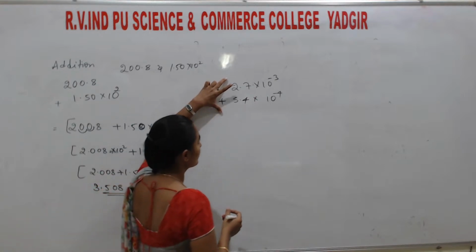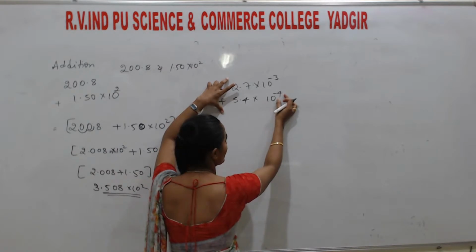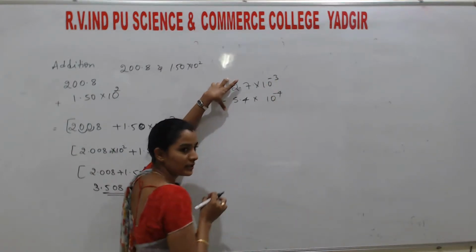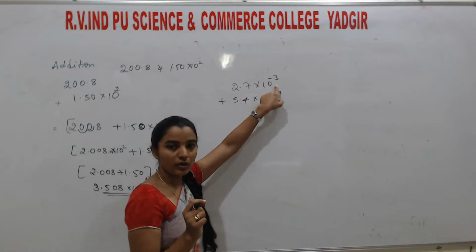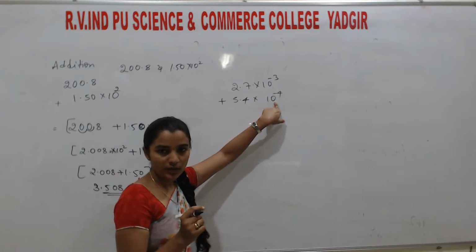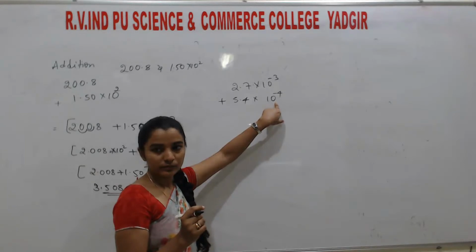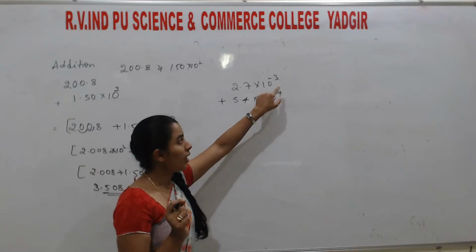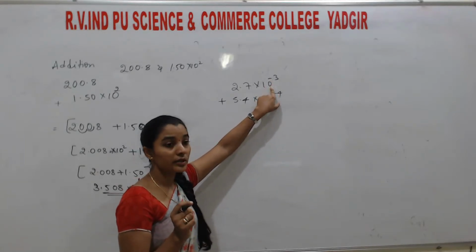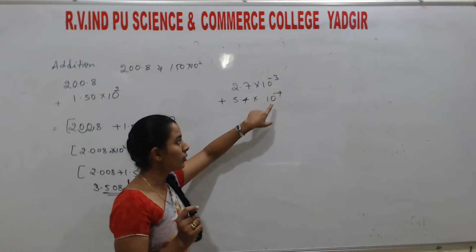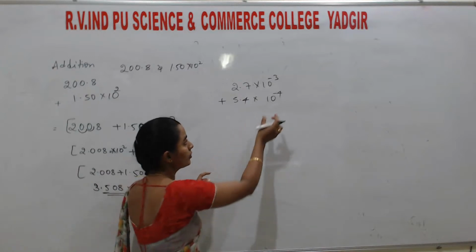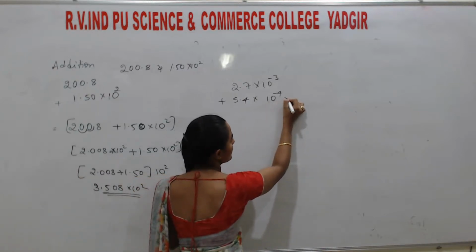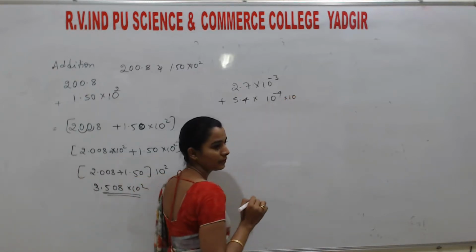So students, for addition, here 10 raised to minus 4 is there, here 10 raised to minus 3 is there. Either you convert this to 10 raised to minus 4 or you convert this term to 10 raised to minus 3. If you convert this to 10 raised to minus 3, it is multiplied by 10.